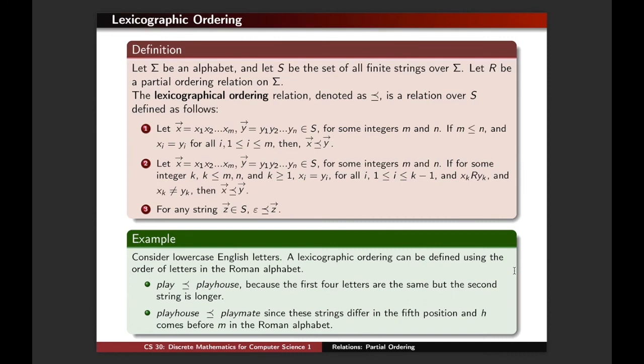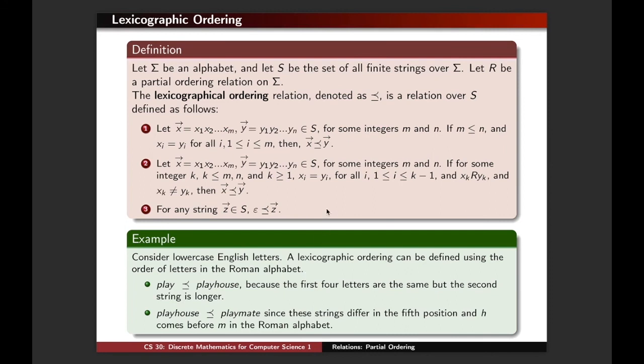So if we consider our alphabet sigma to be the set of, let's say, lowercase English letters, so that's your sigma, then you can define S, right? And then your partial ordering relation will be the relation imposed by the position of letters in the Roman alphabet.